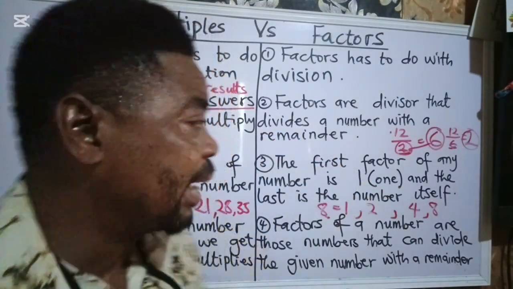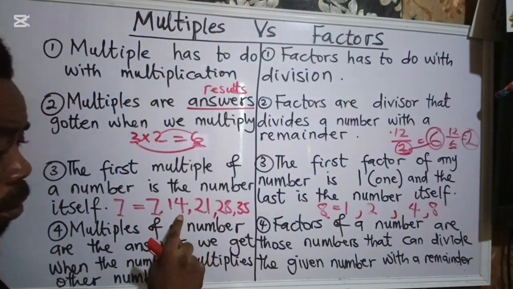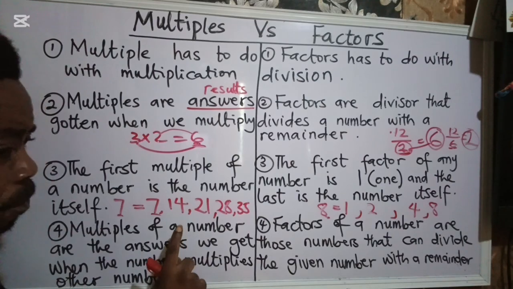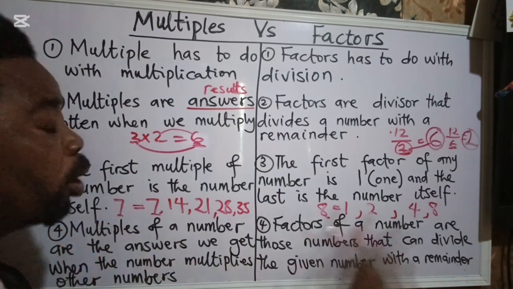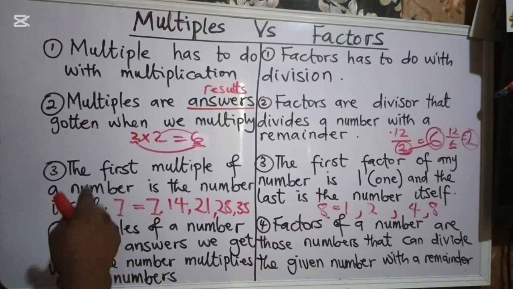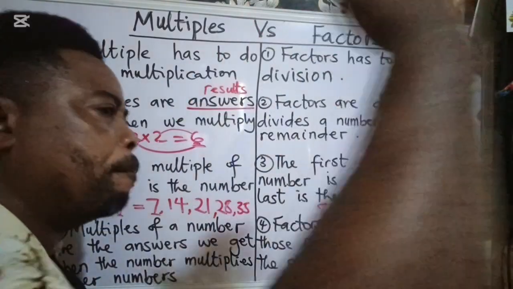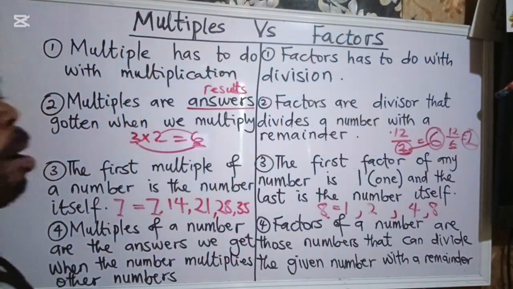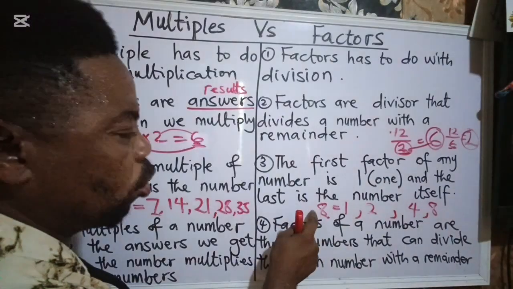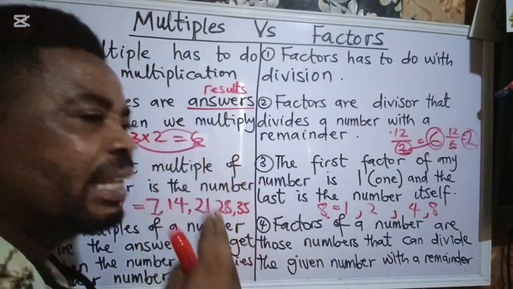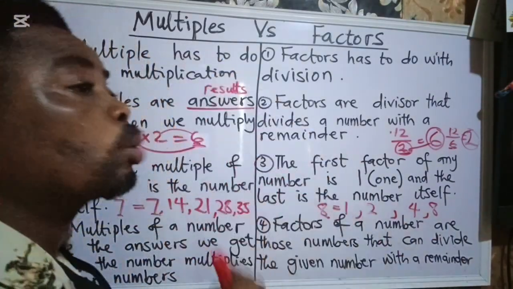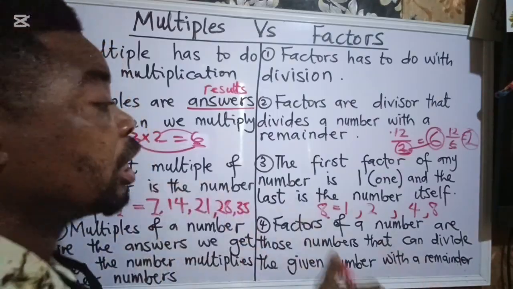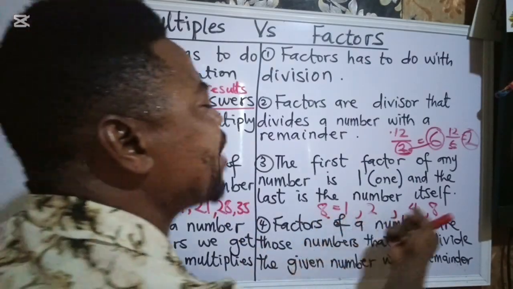Let it sink that multiples cannot be exhausted. That is, you cannot list all multiples of a number, because they keep going bigger and bigger. But here, factors have a beginning and an end. You can list all of them. You can exhaust them. For instance, factors of 8, we have exhausted them.